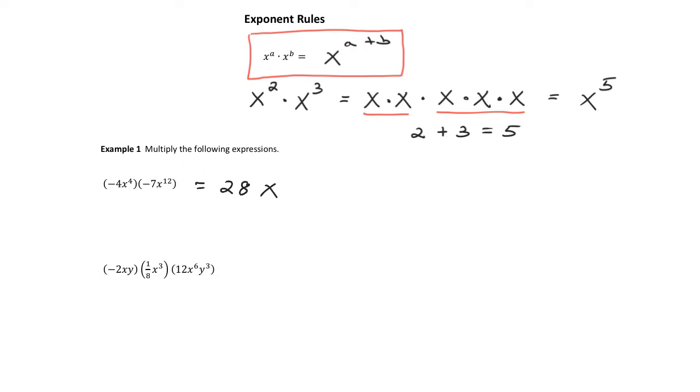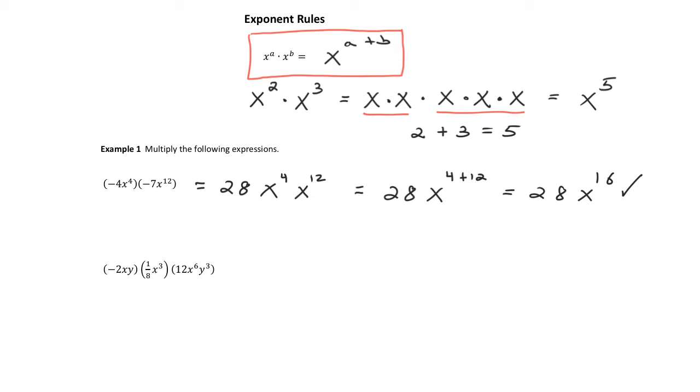But that leaves us with an x to the 4th and an x to the 12th. So here it looks exactly like this expression here where you have an x to two different powers. So at this point, we can simply copy down the 28 and add the 4 and the 12 together to give us a final answer of 28 times x to the 16th.